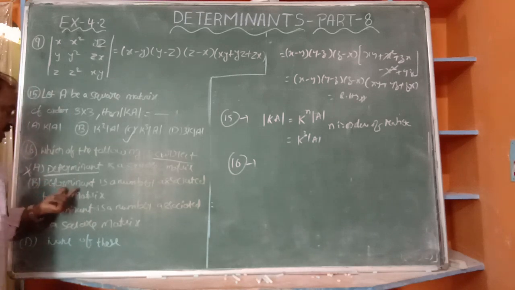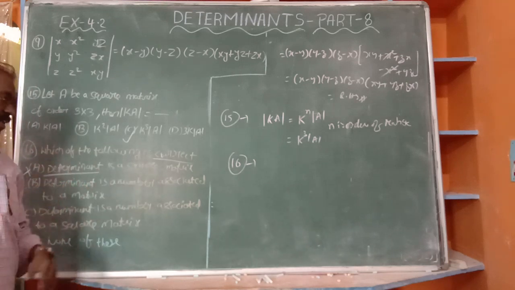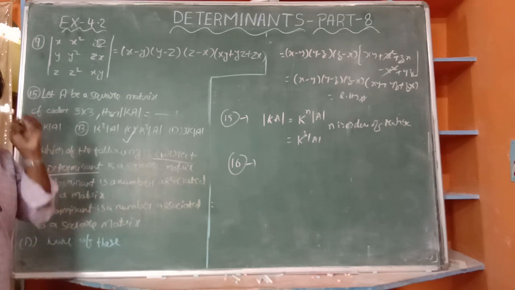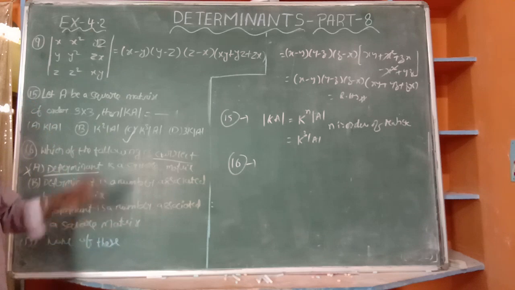Second one, determinant is a number that is associated with the matrix. Of course, 75% is correct, but not totally correct. Why? Because the determinant is formed only for a square matrix, not for all types of matrix. Here simply a matrix is given.